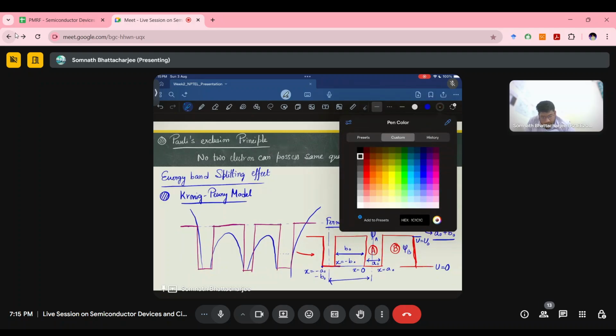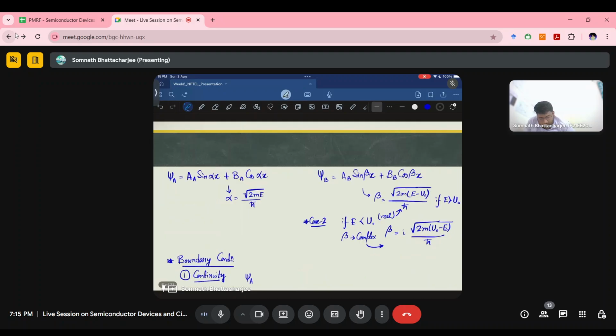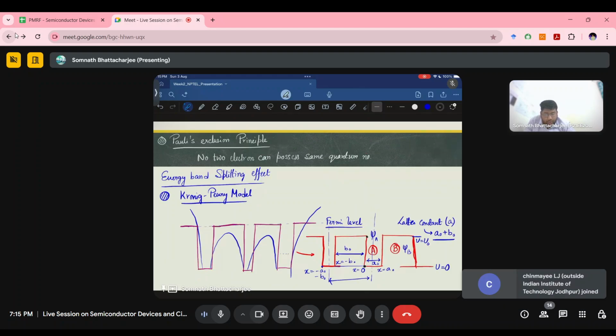If we consider this point, at this point psi A at x equals 0 should be equal to psi B when x equals 0, because at this point psi A and psi B both correspond to this line.